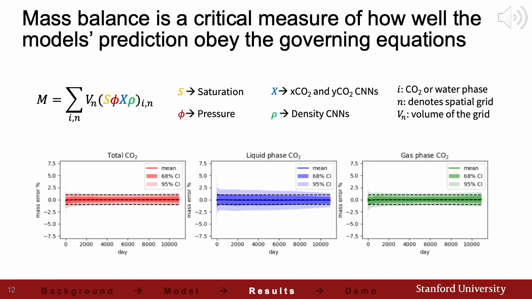On the bottom three figures, I'm showing the mass error percentage for the CO2 in the liquid phase, the gas phase, and the total. From these figures, we can see we have 95% confidence that the prediction error of the mass is within plus or minus 1.5%, and that is accurate enough to support applications such as site selection and some engineering decision making.